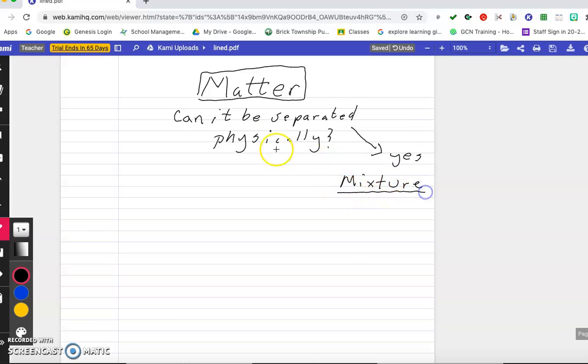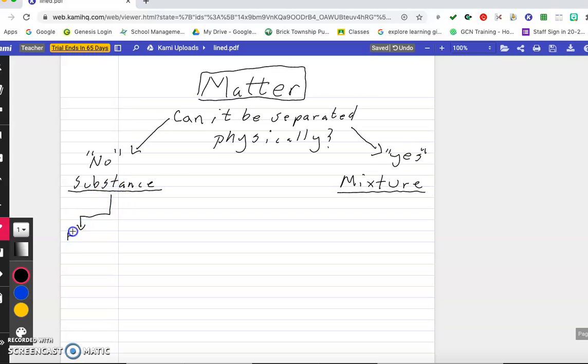If they cannot be separated using the physical properties, then they are called a substance. All right, very simple. So no or yes.